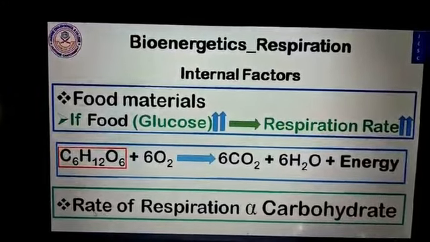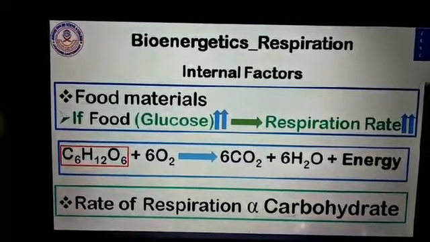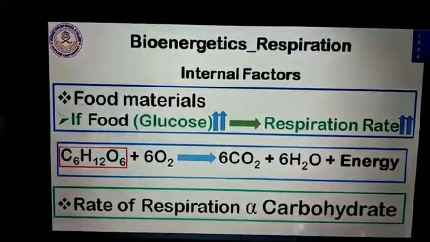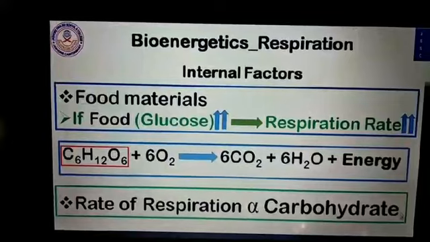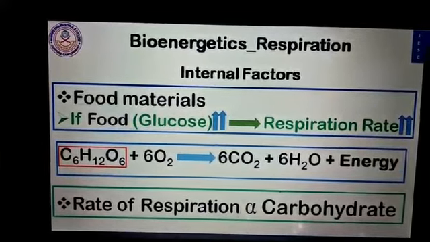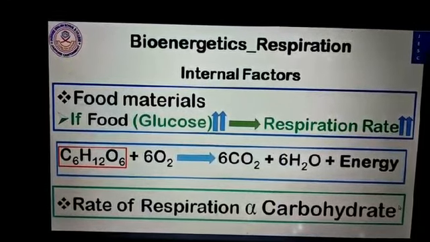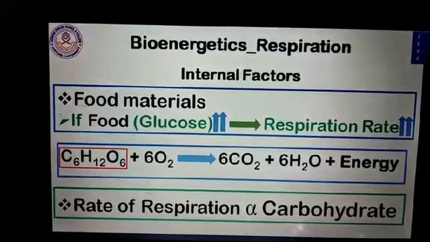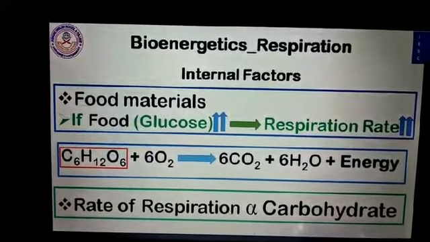And finally we can say like this: rate of respiration is directly proportional with the carbohydrate, because carbohydrate or food materials, or we can say glucose, if that is increased, then the rate of respiration will also be increased. If the carbohydrate or glucose production is decreased, then the rate of respiration will also be decreased.